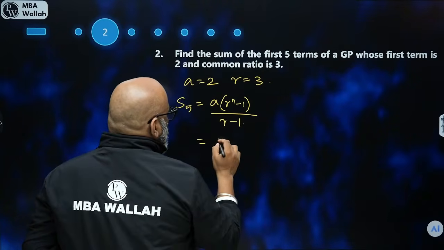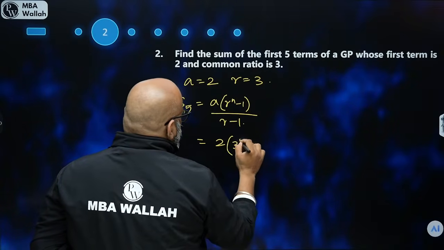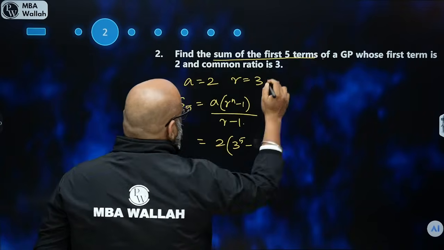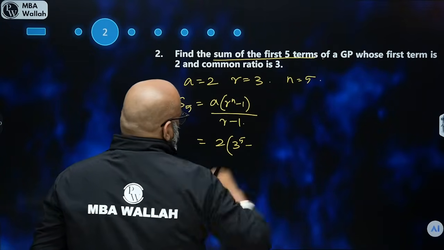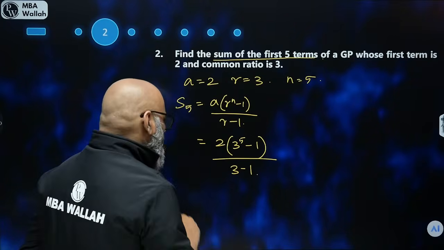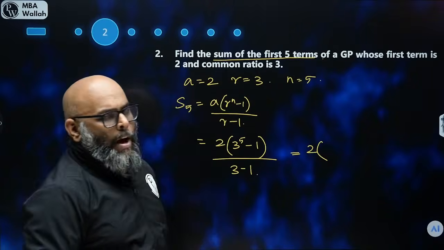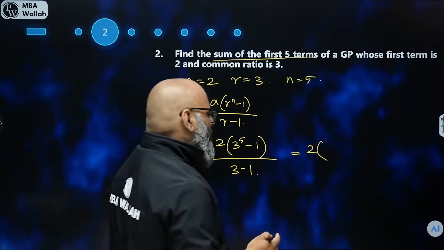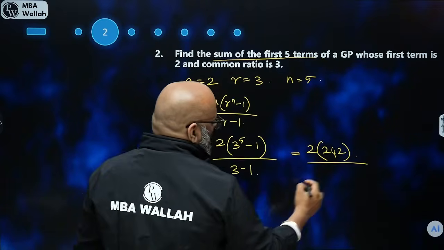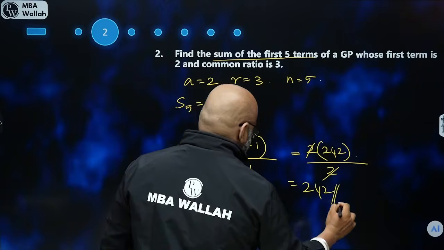That I can write as 2 into 3 power 5, because sum of the first 5 terms, so n is equal to 5, by 3 minus 1. So this I can write as 2 into 3 power 5 is 81 into 3, 243, minus 1 is 242, divided by 3 minus 1 is 2, 2 gets cancelled, so the answer is 242.